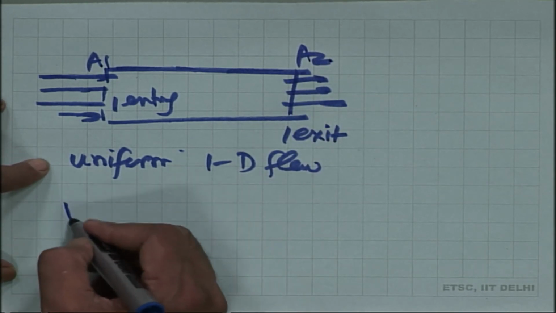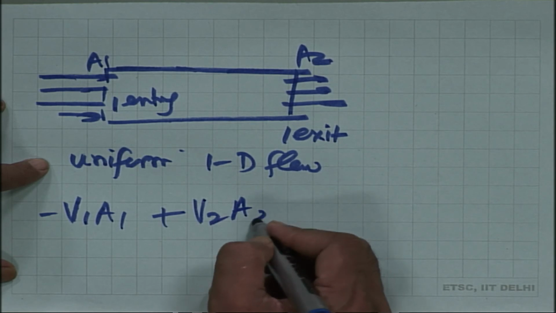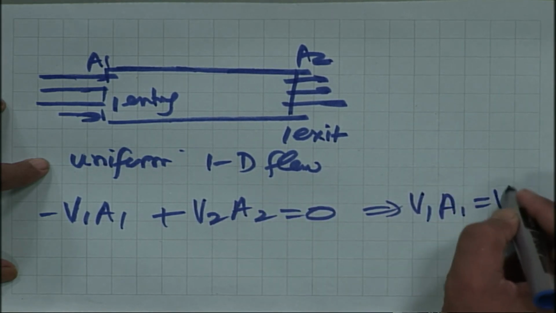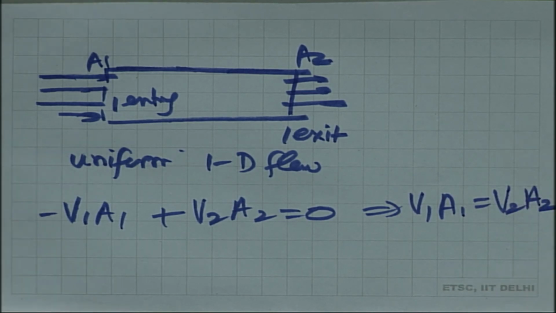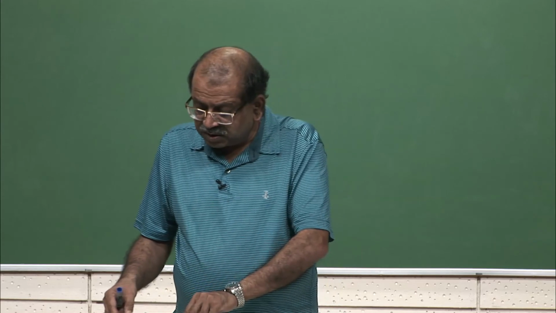So, I will get minus V 1 A 1 plus V 2 A 2 is equal to 0, and this gives the form V 1 A 1 is equal to V 2 A 2. And this is often called the continuity equation. You may have seen this in some of the books, and this is how one finds this. So, this is the continuity equation.